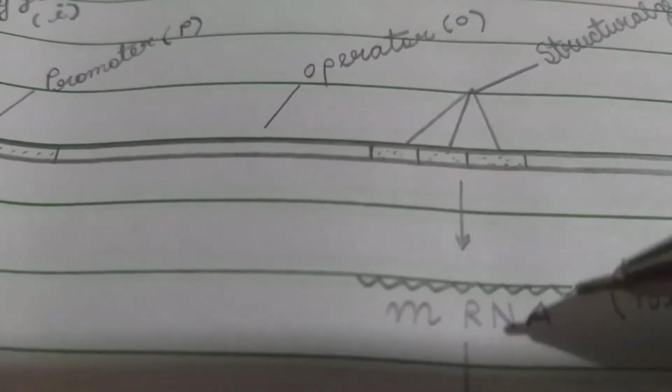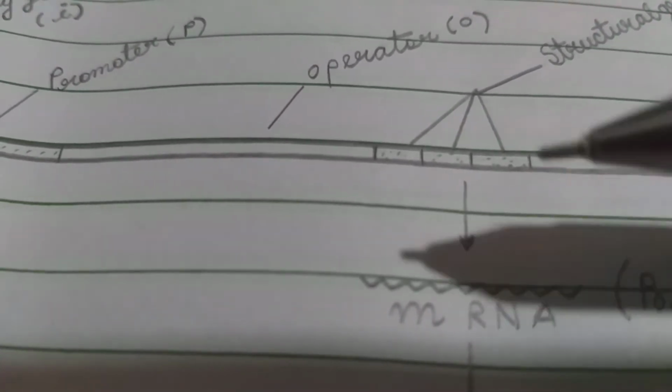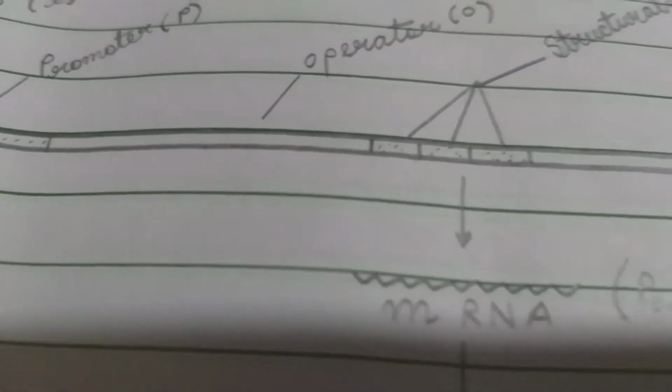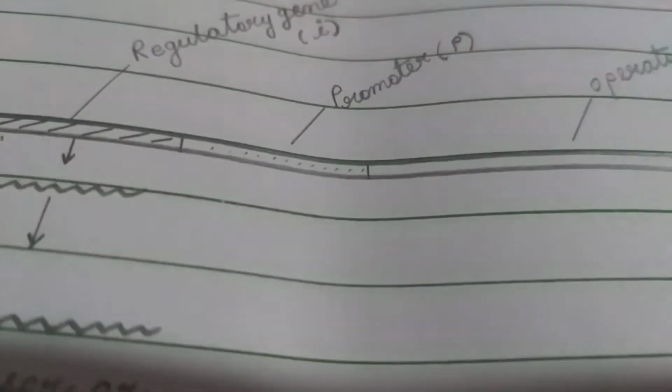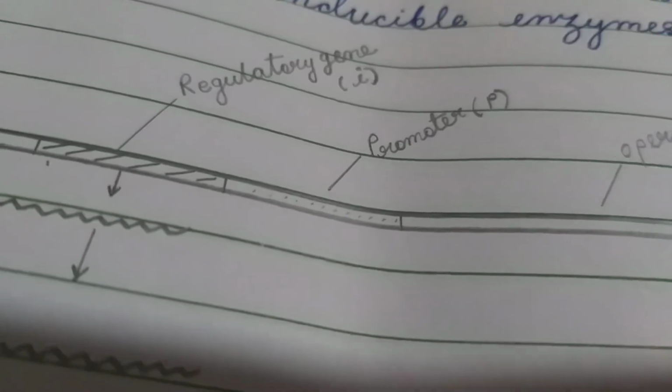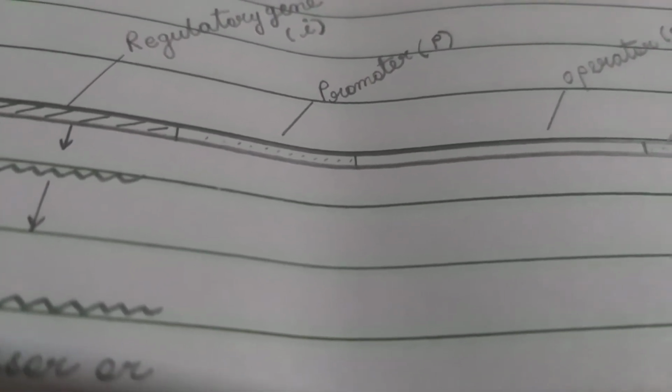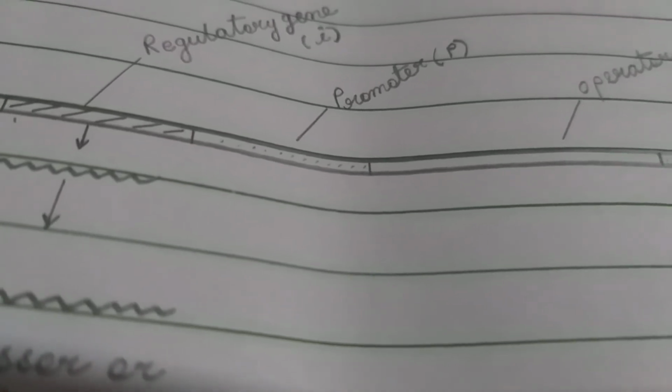Structural genes are transcribed into mRNA, catalyzed by RNA polymerase, and for that, RNA polymerase must bind to the promoter gene. This is the operon found in E. coli bacteria.